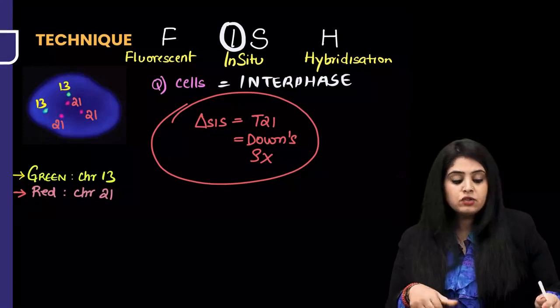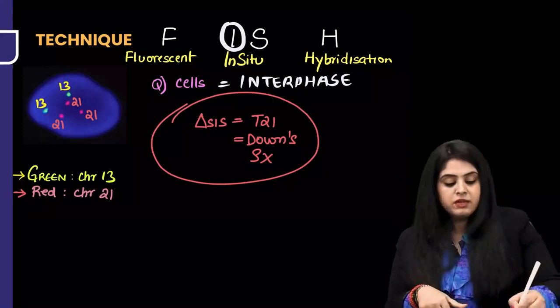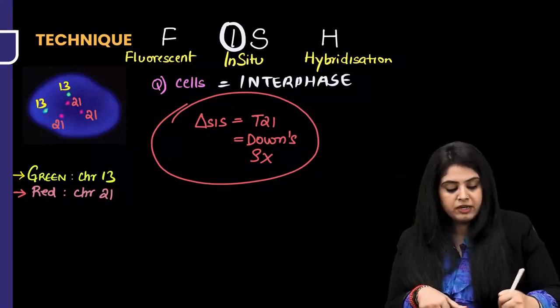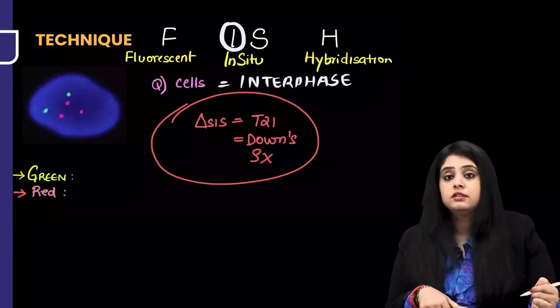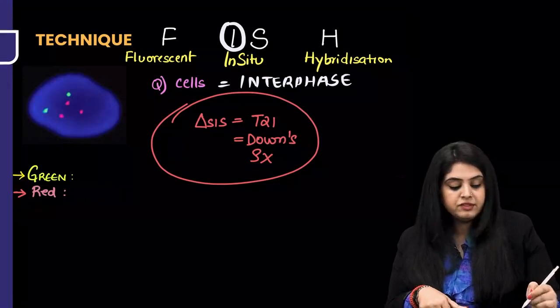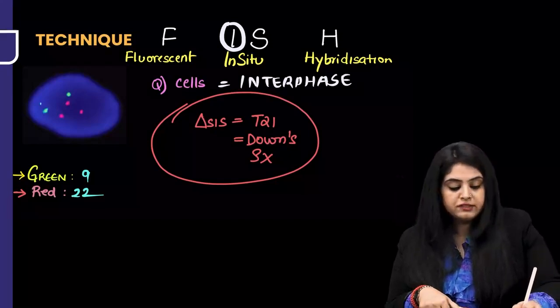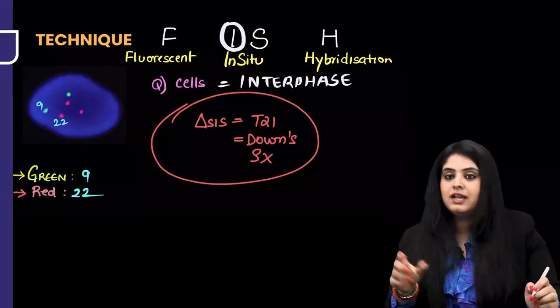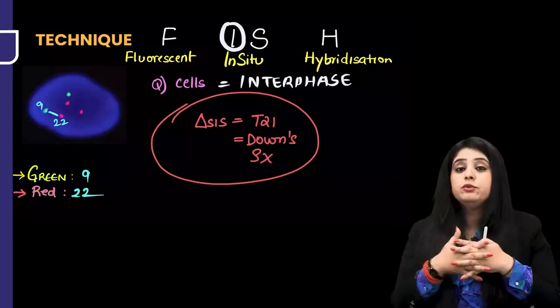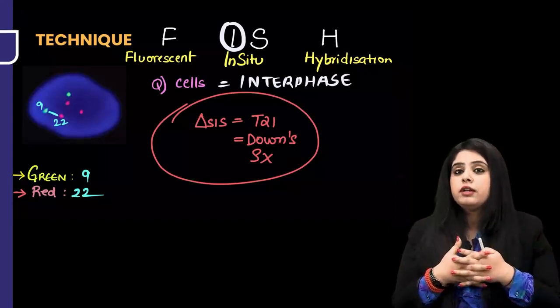Very simple. Not only this, what if there was any fusion? Let me give you another example. Now, instead of calling it 13 and 21, the examiner said that one chromosome was 9 and one chromosome was 22. So you saw that okay, this is 9 and this is 22, they are separate. But what if I had seen them fused with each other? What would you have called it?